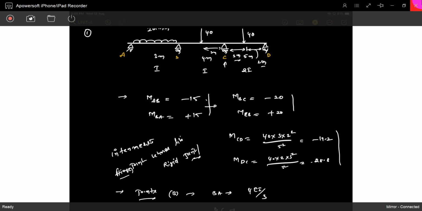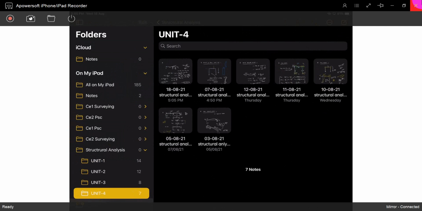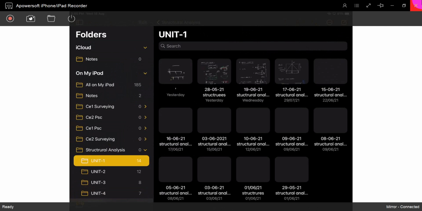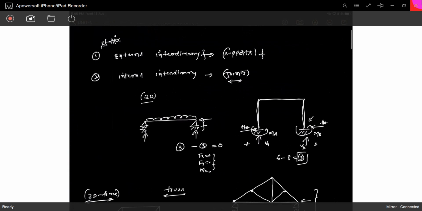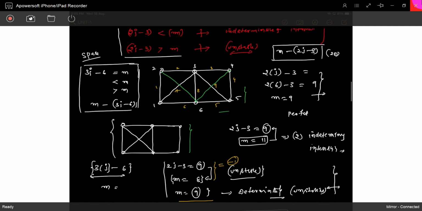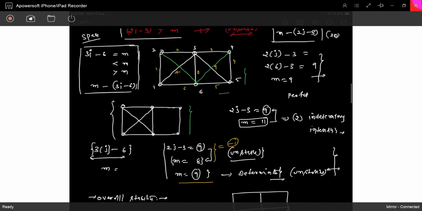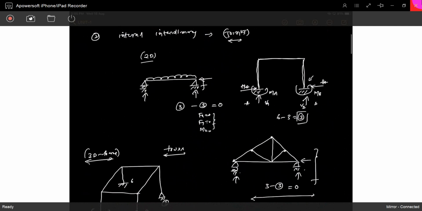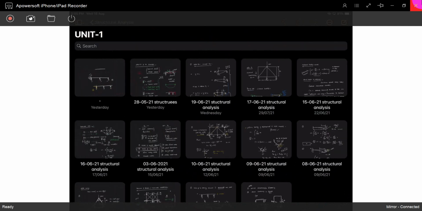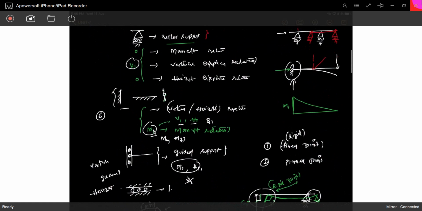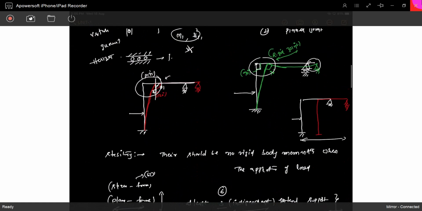So many times, from the first class of structural analysis, I said: what is a joint?